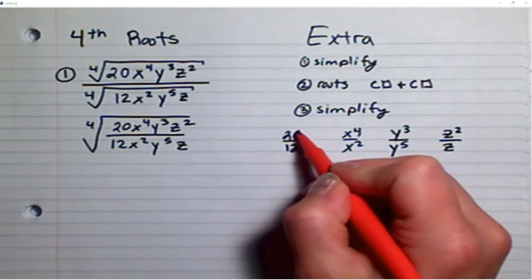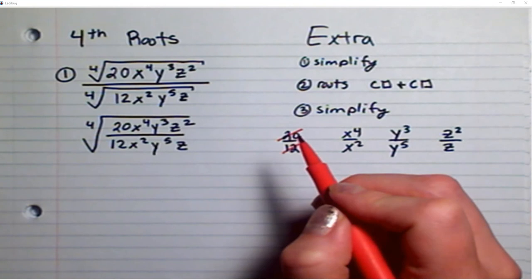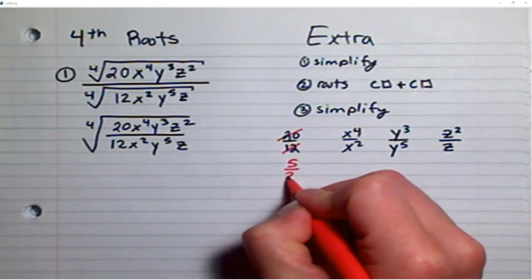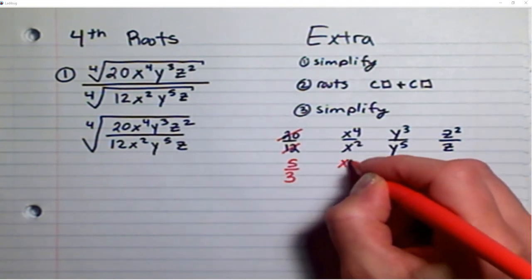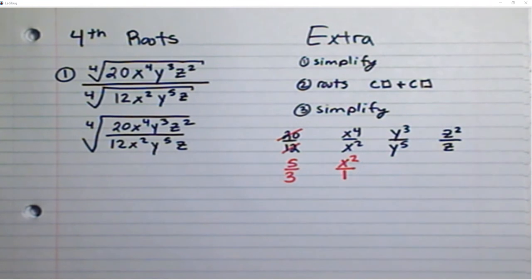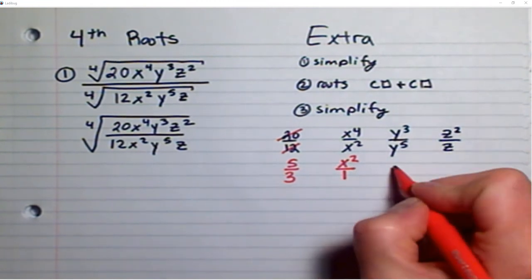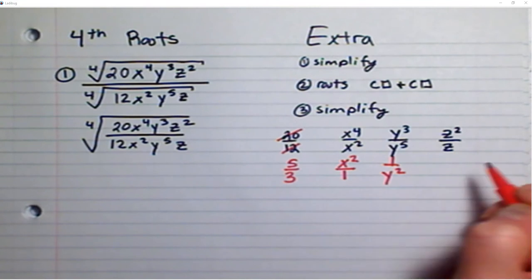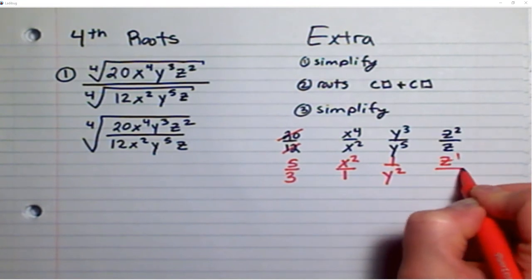Okay, so let's see, I can divide by 4. So I get 5 over 3. Here I get x squared in the top. Notice I'm positioning numerator and denominator. Here I get y squared in the bottom, and here I get z to the first in the top.